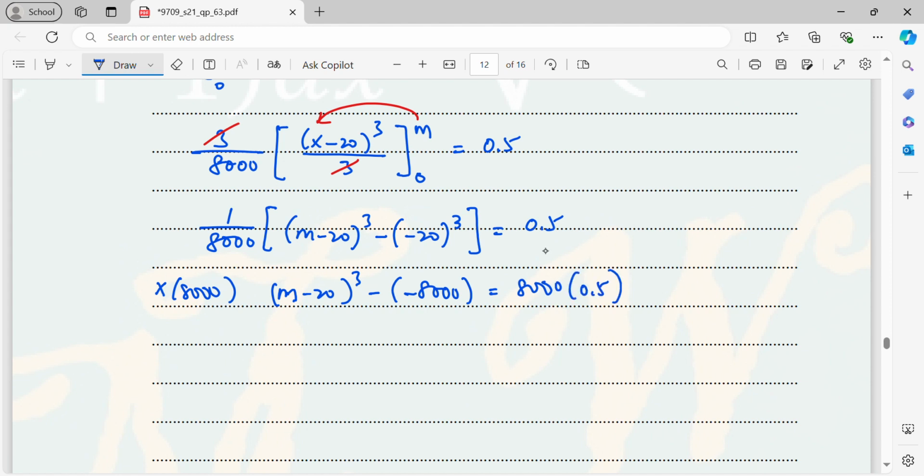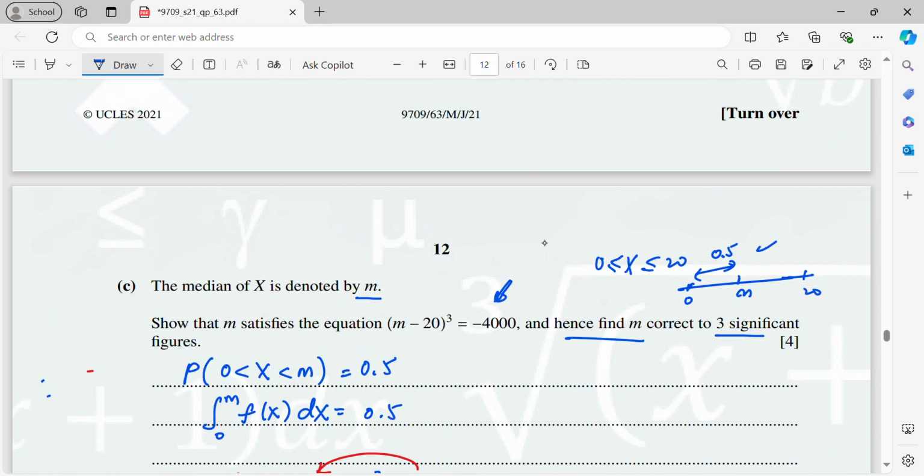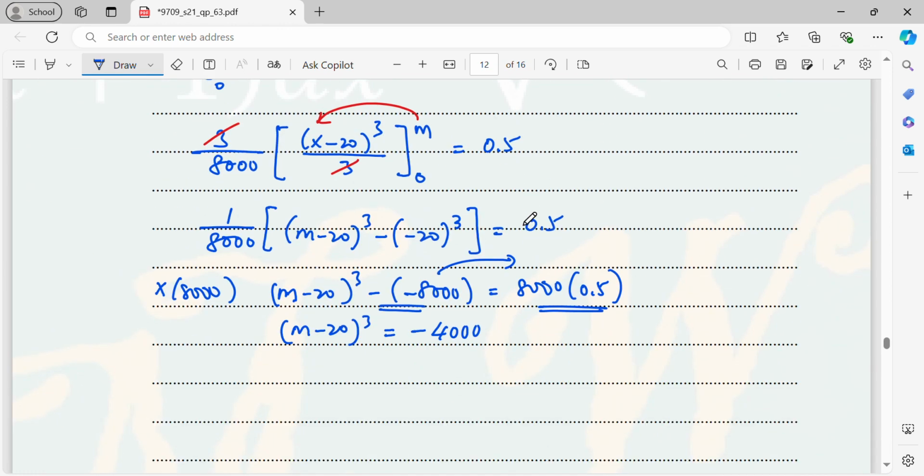Okay, therefore, I will be getting m minus 20 cubed. Now, 8,000 times 0.5, this is plus. So when you move the plus to the other side, it becomes minus. Therefore, it becomes minus 4,000. Okay, and now here, we need to prove this. Okay, so we already prove, or we have shown.